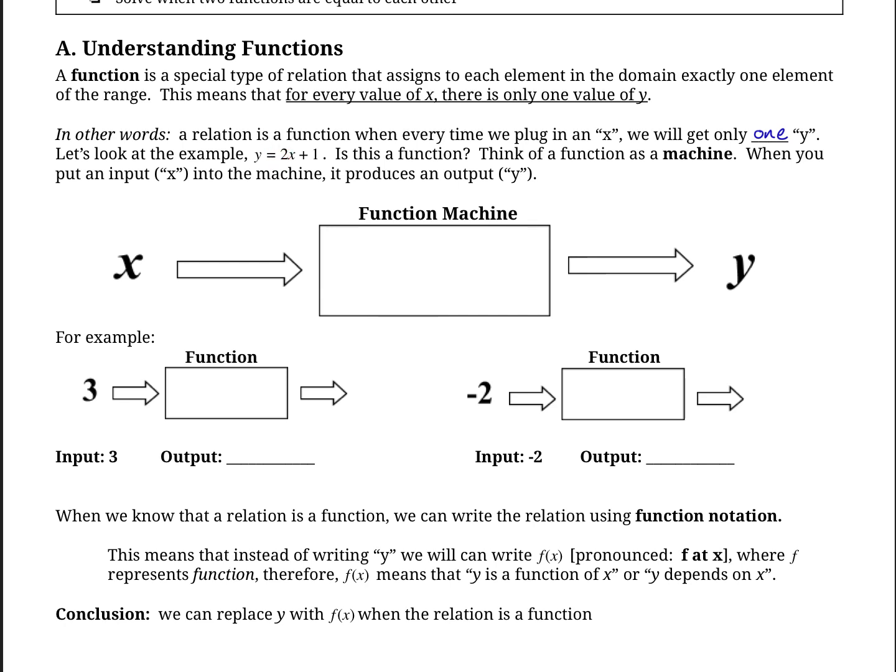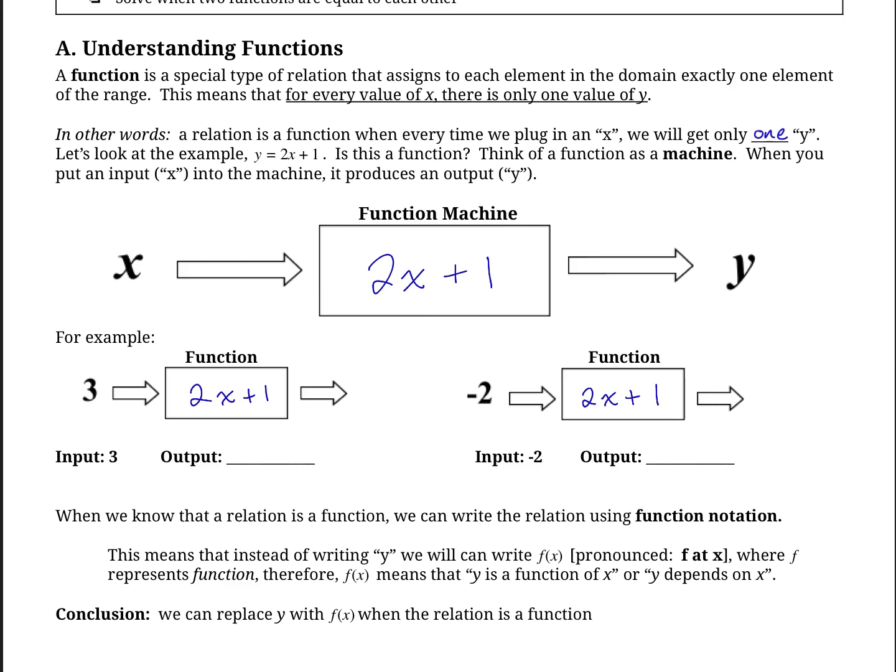Now let's think of a function as a machine. When you input an x value into this function machine, it will produce a y value, which is your output. So in our example, the machine that we're talking about here is 2x plus 1. Every time we input an x value into this machine, we will get one y value.